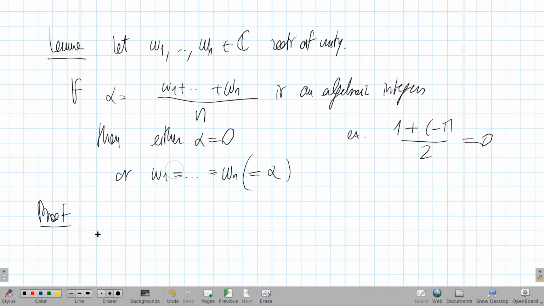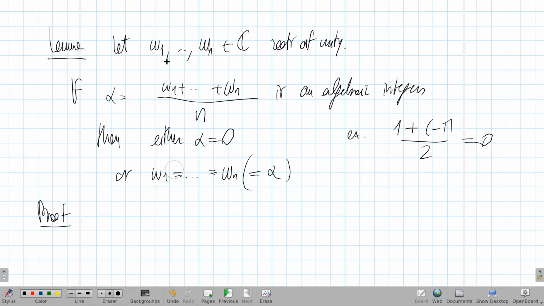So, the omega i will be roots of unity, say kth roots of unity for different k's. But of course, if you take the least common multiple of all these k's, you'll get that they are all roots of unity with respect to that number.